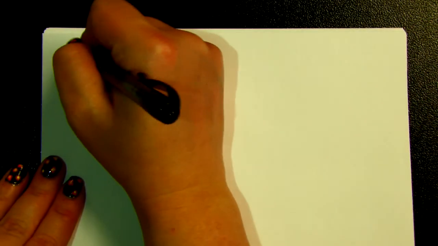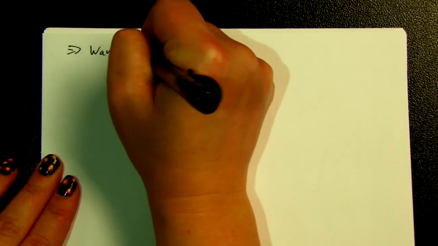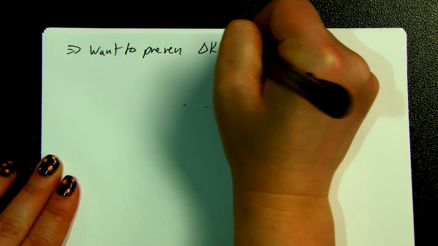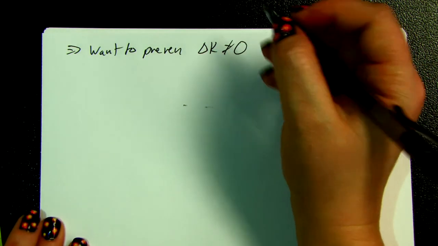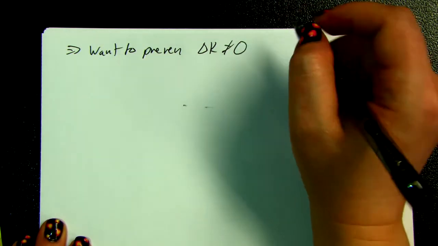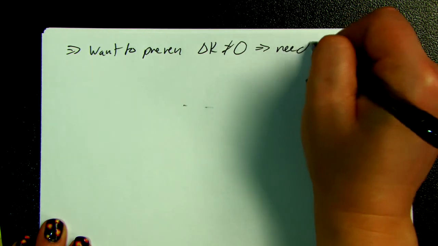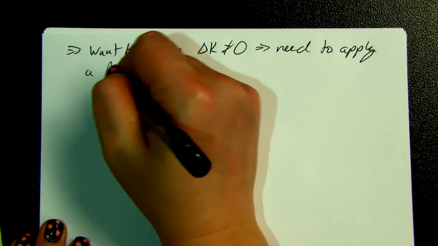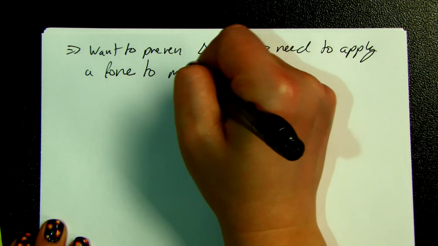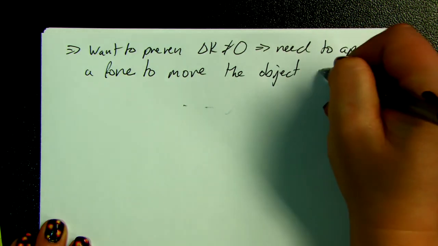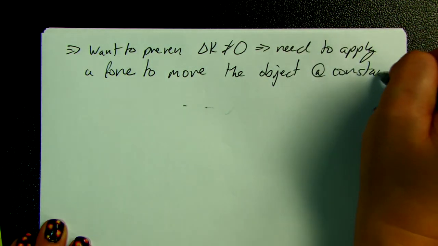If we want to prevent kinetic energy from changing, so we want to prevent delta K non-zero, then we can keep delta U the same. Then we need to apply a force to move the object at constant speed.